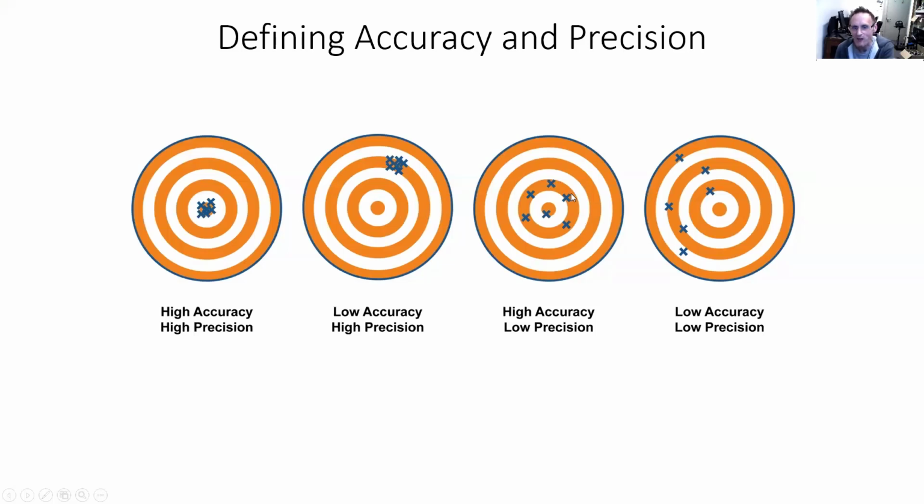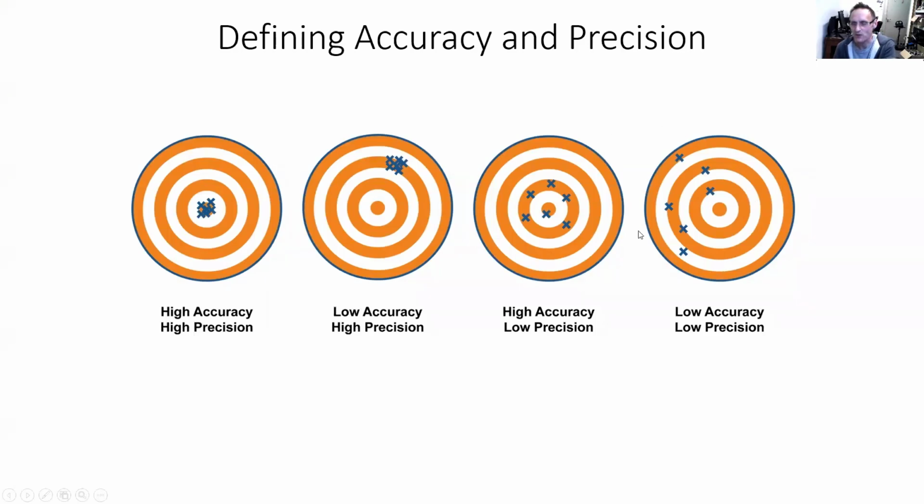Similarly, you could be accurate, but not precise. If you take the average of all of these x's, or the location of all of these x's, it's going to be somewhere close to the center of the target. But it's not precise because each time you ask the eye tracker where the person is looking, it gives a slightly different answer. And of course, finally, you can have the kind of nightmare scenario of low accuracy, low precision.